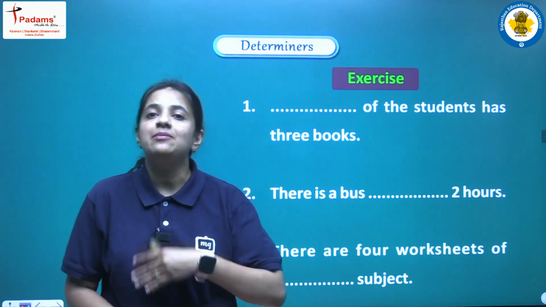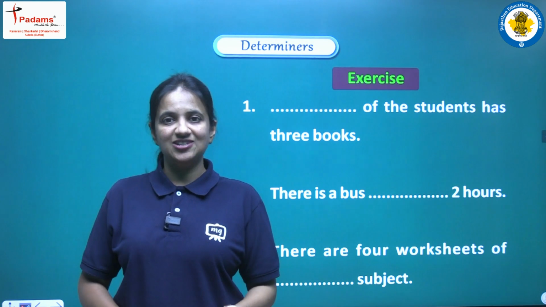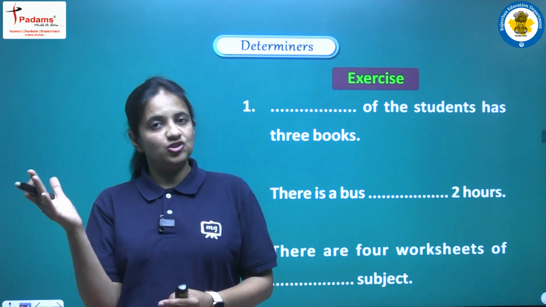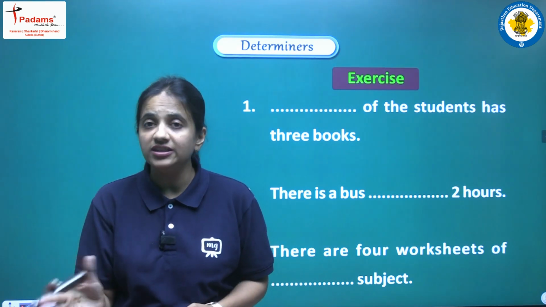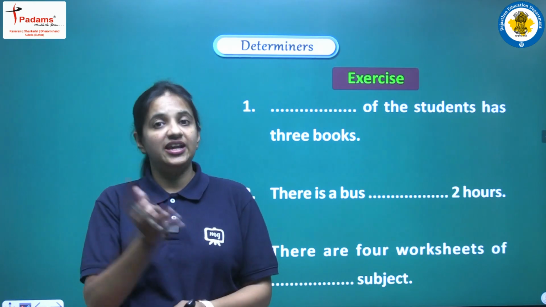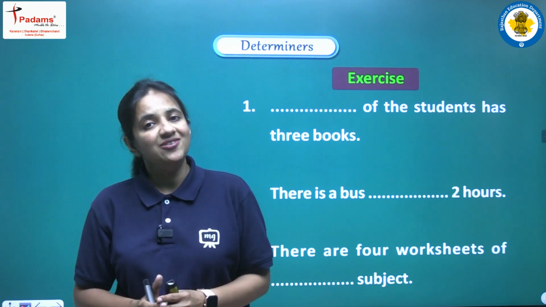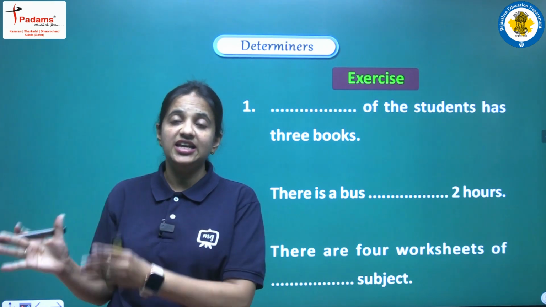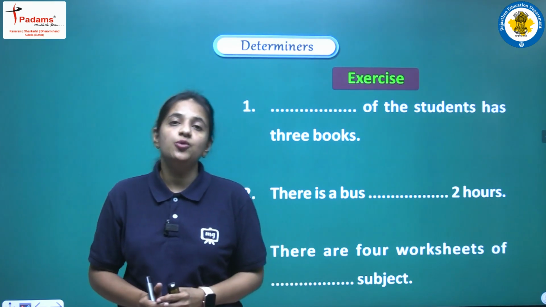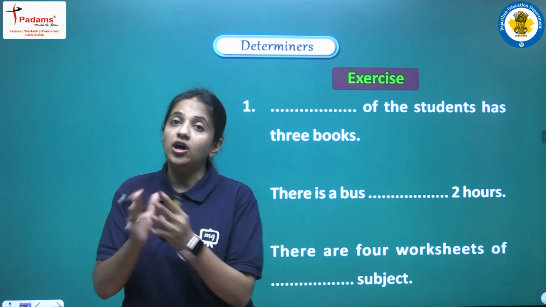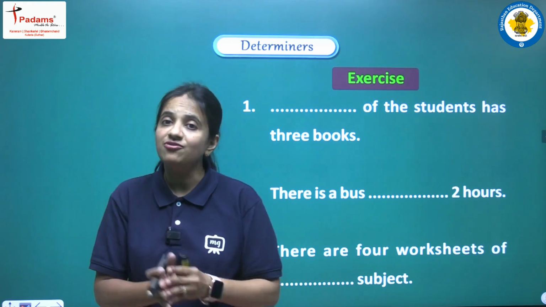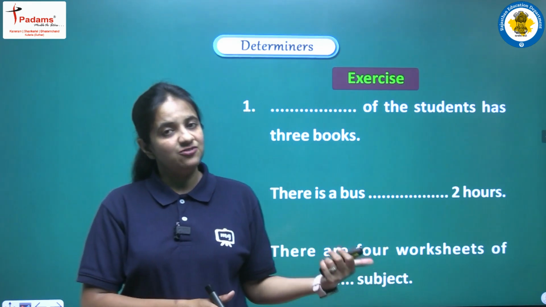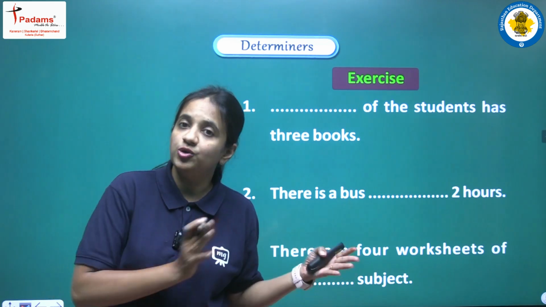So one more time I am summarizing all the things that we have discussed already. Each is used to indicate 2 or more things. Every is used to indicate 3 or more things. Then we discussed that when we use each, we are referring to a group and referring to all the members individually. But when we use every, we are talking about the entire group together.